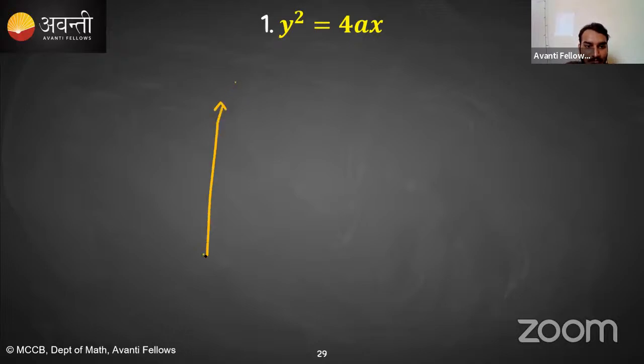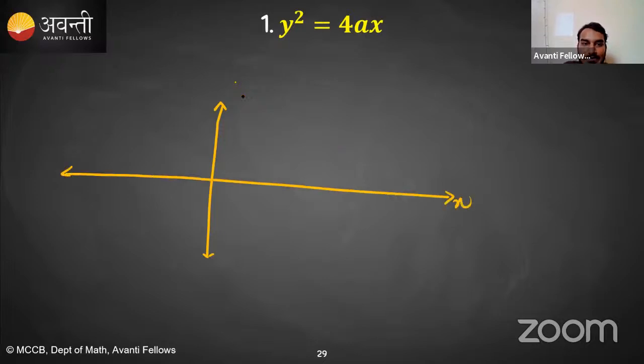We will go quickly now. Y square equal to 4ax. This is the x axis, this is the y axis. Okay. See how you will remember: the square is on y, so the axis will be the x axis. But positive x axis or negative x axis? You can see y square equal to plus 4ax, plus 4ax. So it means positive x axis, means our parabola will be like this.